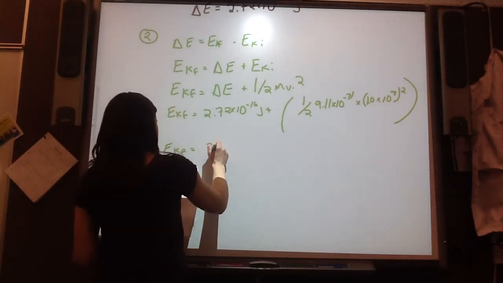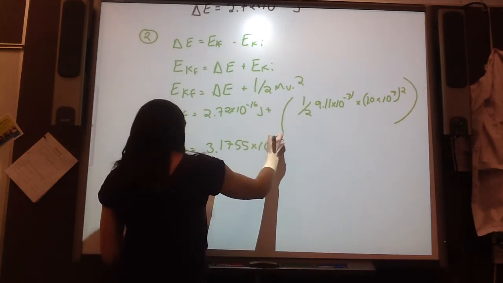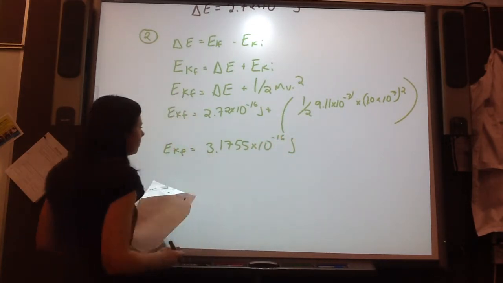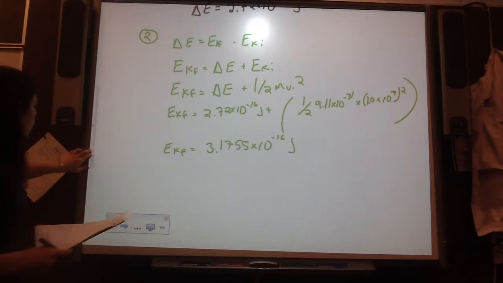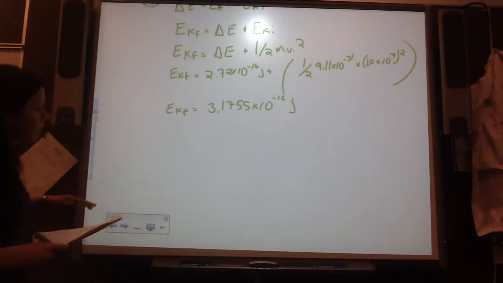So now my EKF is 3.1755 times 10 to the negative 16 joules. That was my second step.